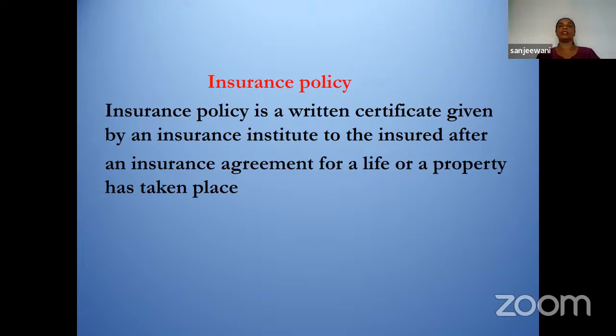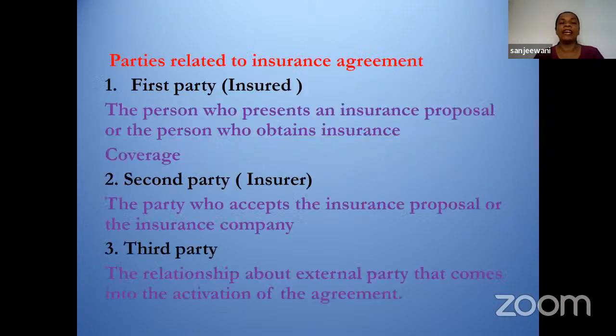Then the most important thing in insurance: the related parties. From the beginning I told you, and when describing I mentioned, insured and insurer. You might be wondering what they are. These are the related parties in the insurance agreement. Who is the first party? The insured, right? The insured is the person who presents an insurance proposal.